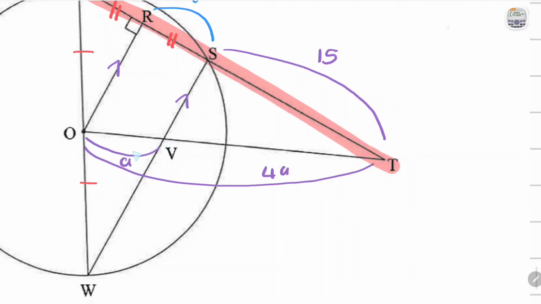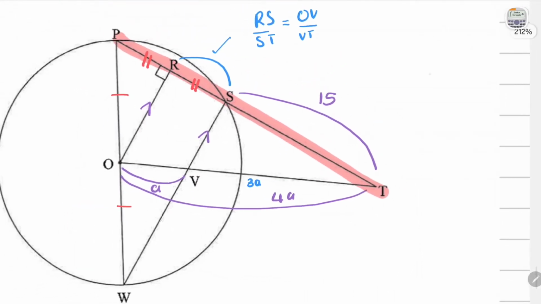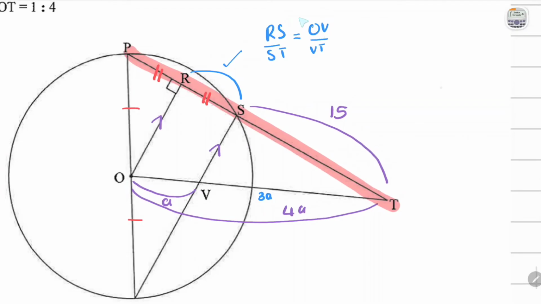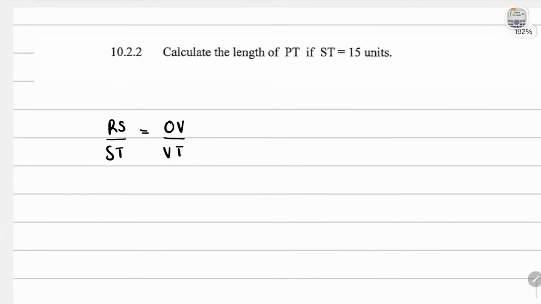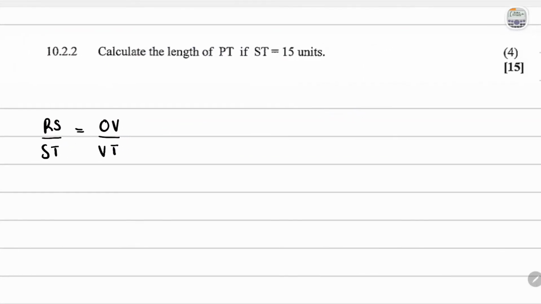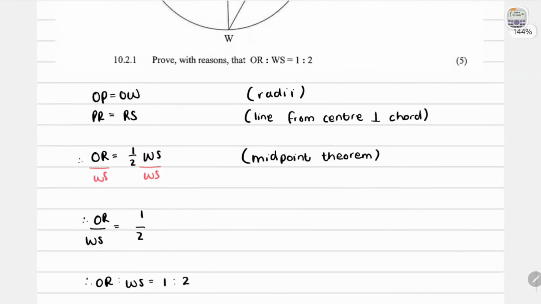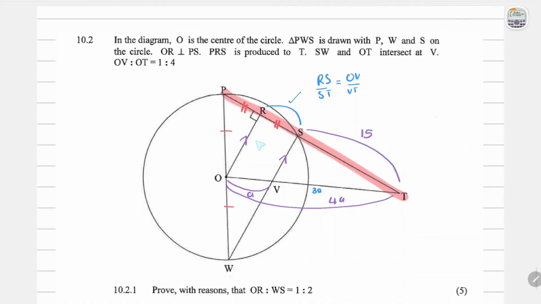Do you see that OV is A, one part, and OT is 4A, meaning VT must be 3A, because A plus 3A gives the full 4A. So we can use these proportions and must make sure it's equal to the correct ratios. So RS over ST equals OV over VT, which is the line parallel to one side of the triangle, or the proportionality theorem. It's perfectly fine. And in doing so, just ensure that you state the lines that are parallel. So these two lines are parallel, OR and WS.